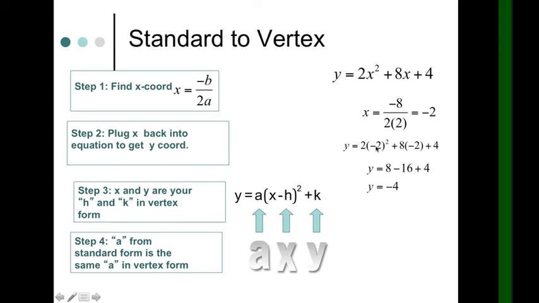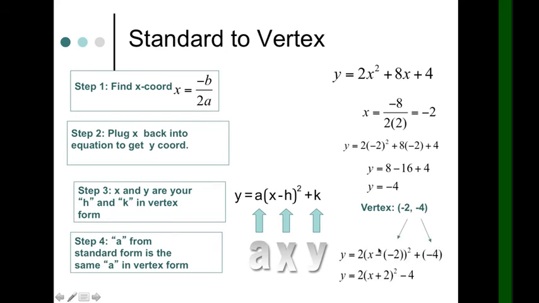Negative 2 squared is 4, 4 times 2 is 8, and 8 times negative 2 is negative 16, then copy 4. 8 plus 4 is 12, minus 16 is negative 4, since 16 is bigger than 12 and the sign of 16 is negative. So our vertex has x, or h, equal to negative 2, and k equal to negative 4.